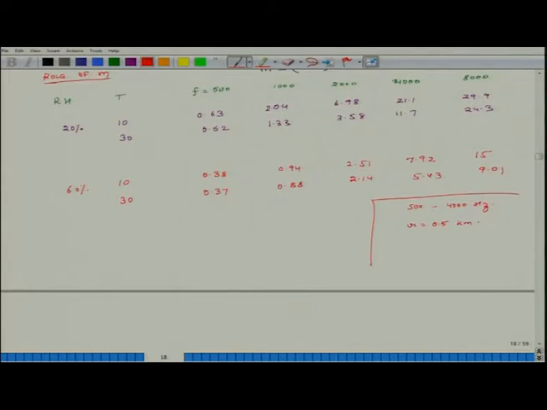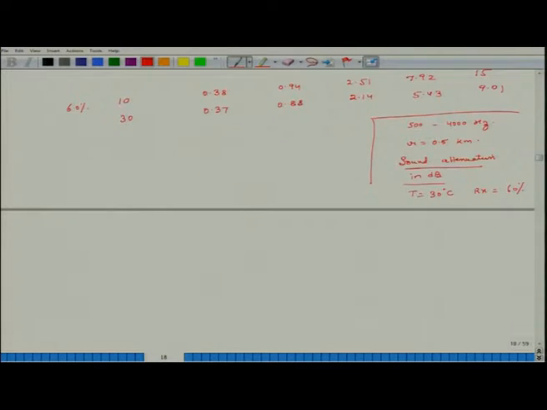So we have to calculate the sound attenuation in decibels. Finally, we assume that the temperature is 30 degrees centigrade and the relative humidity is 60%.